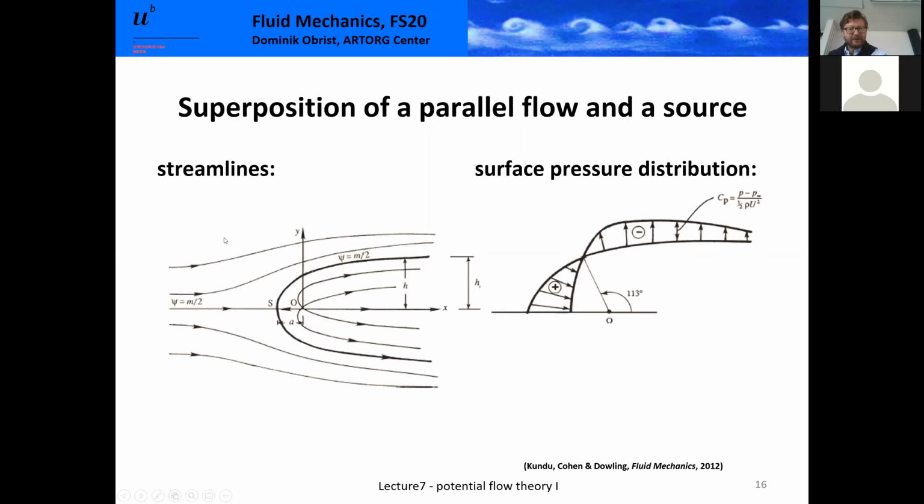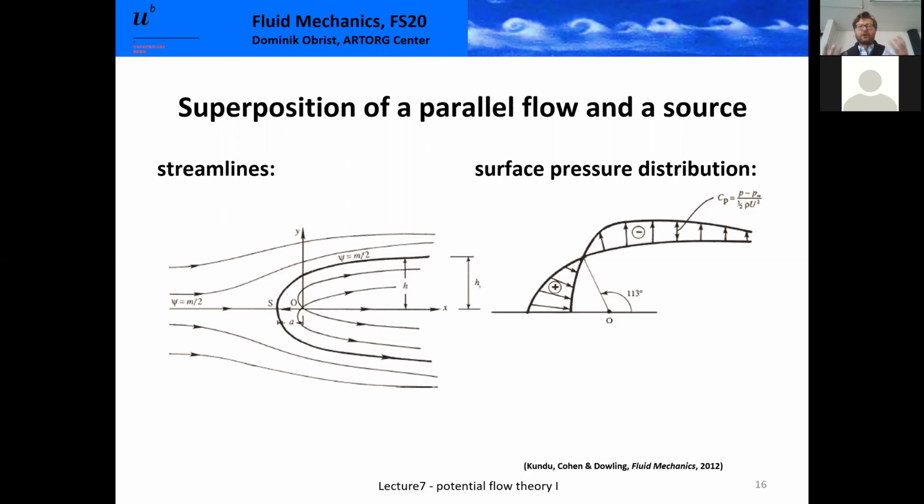And because we have the stream function now, or the potential, both work equally well, we can compute the local velocities. And if we can compute the local velocities, we can use Bernoulli's law, and we'll do this maybe in the second hour today, to compute the local pressures, because the local pressure will depend on the velocity, right?